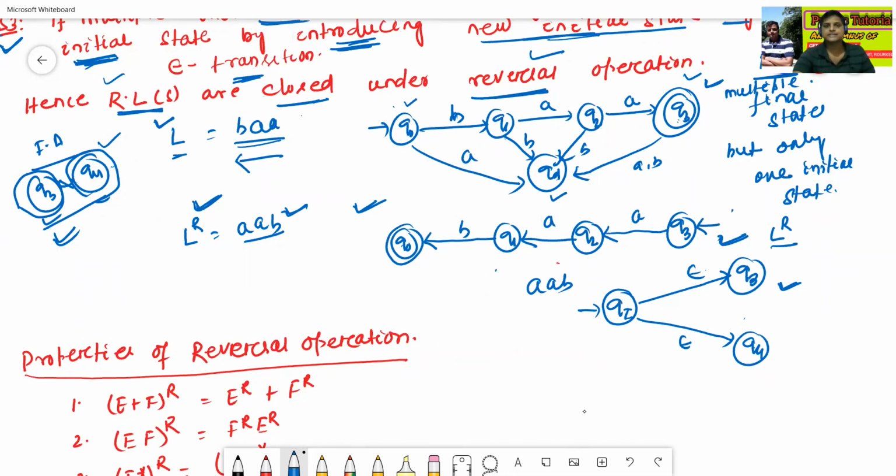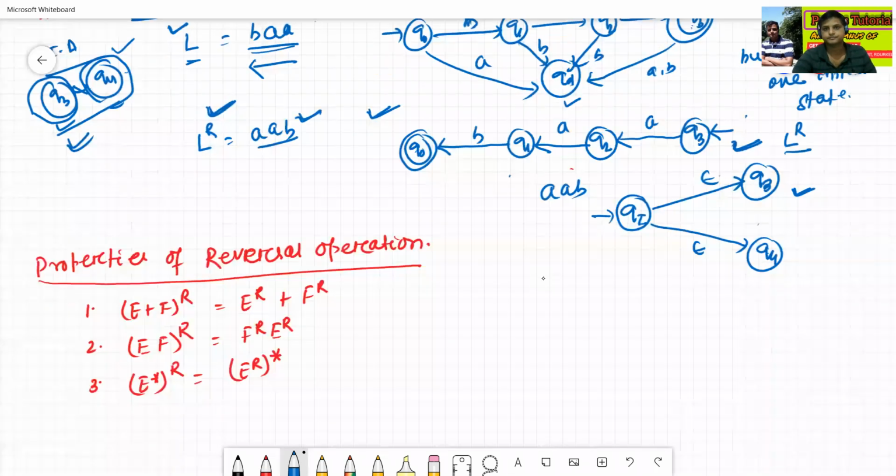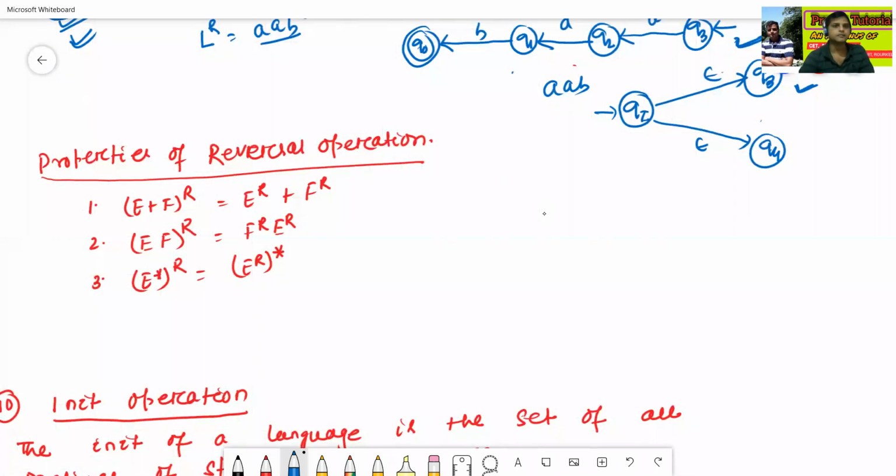Now we'll see some properties of reversal operation. The first property is (E plus F) reverse is equal to E reverse plus F reverse.